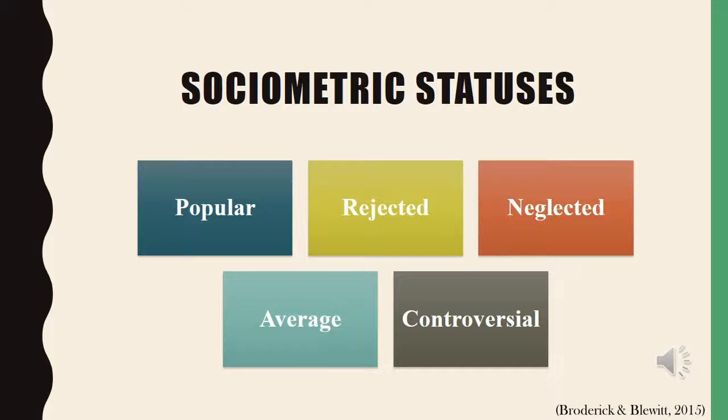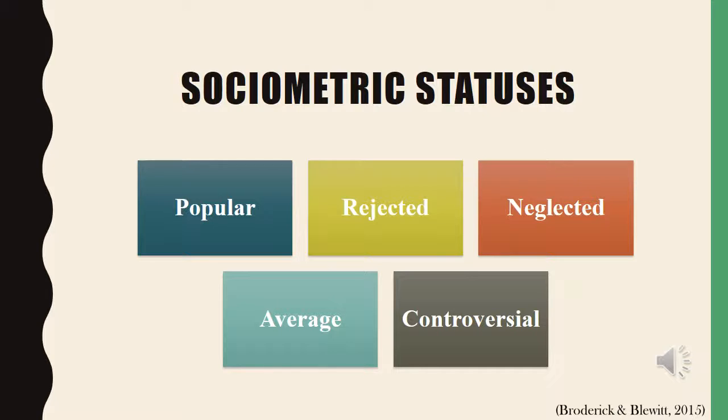And so this just helps us see how kids see each other, and how they place each other when they're interacting within classrooms, within peer groups, how they perceive one another. And this can really impact, if a child is feeling neglected by their peers, they're not getting many negative or positive nominations, they're just not really seen.